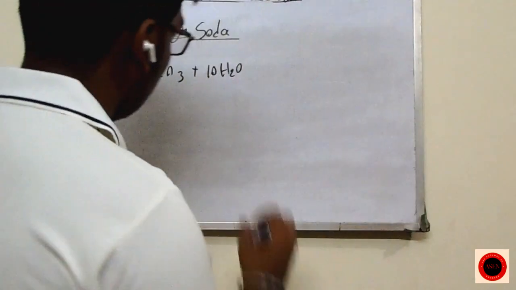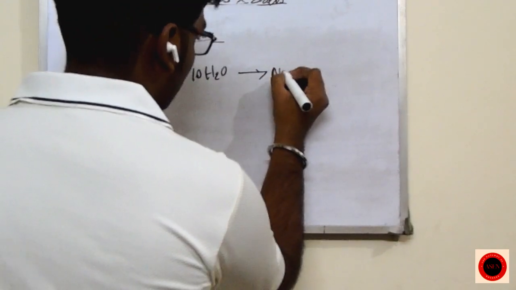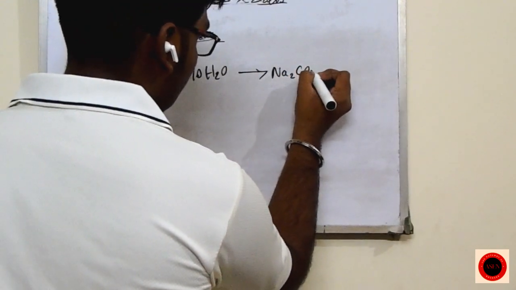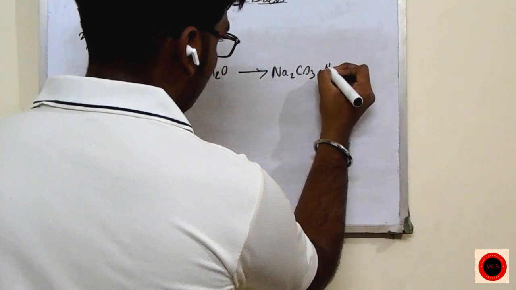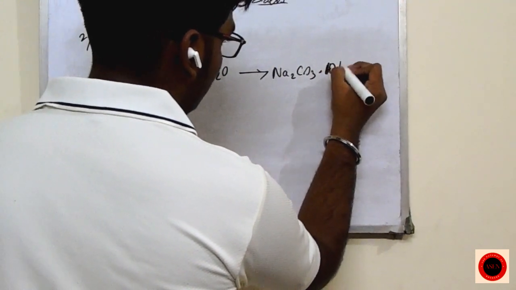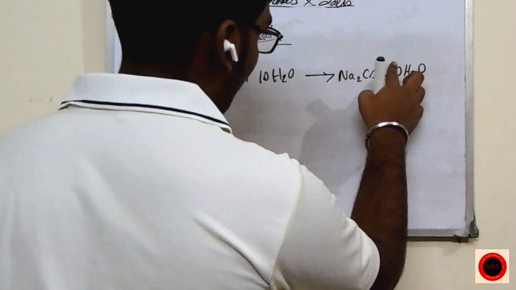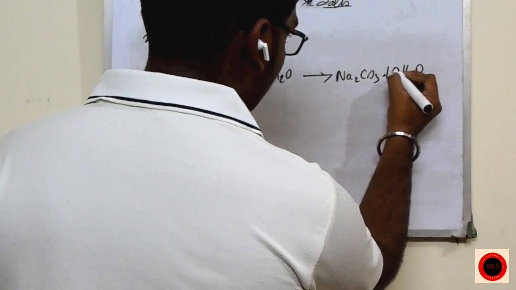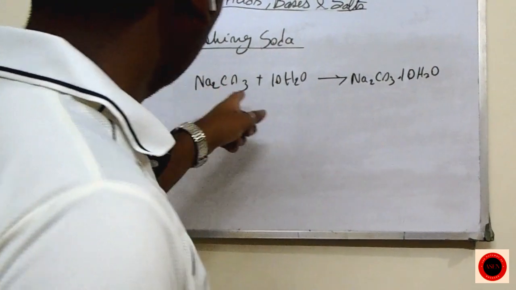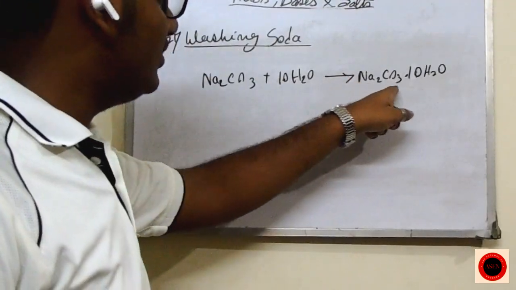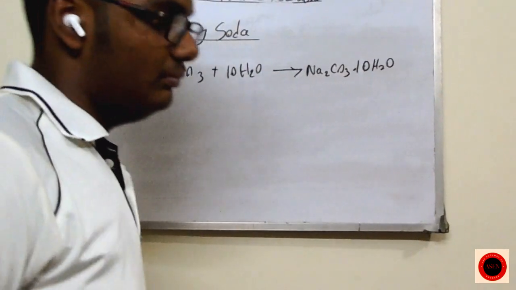Na2CO3 plus 10H2O is forming Na2CO3 dot 10H2O. Okay.